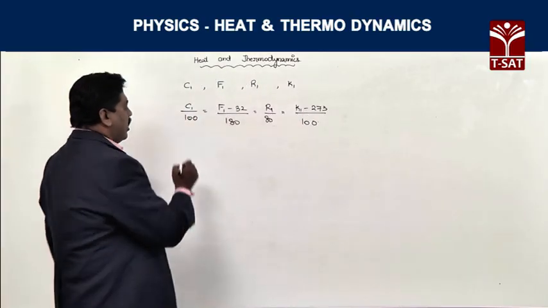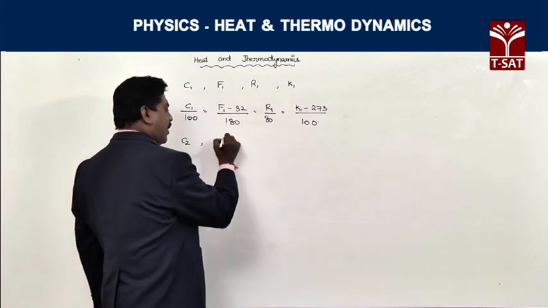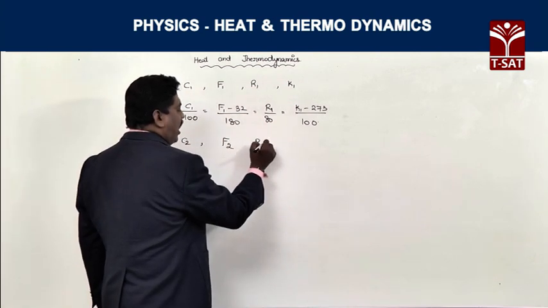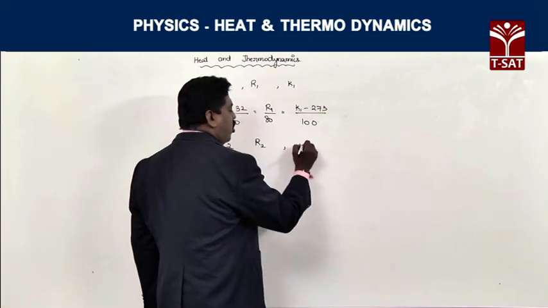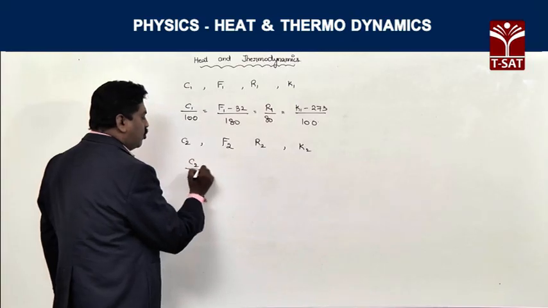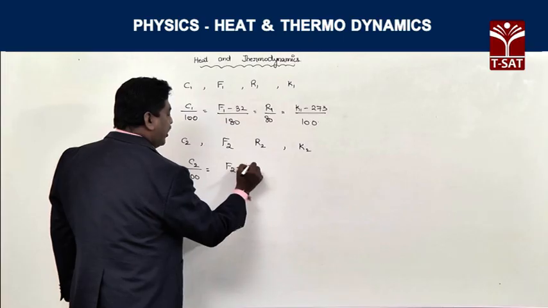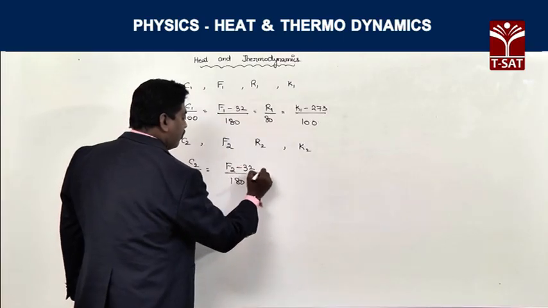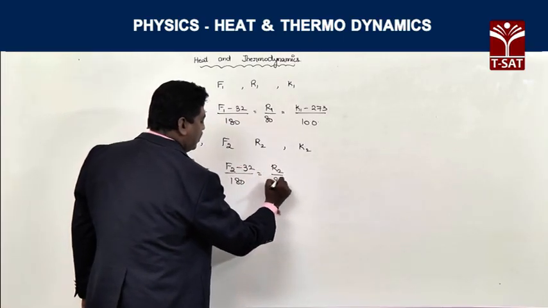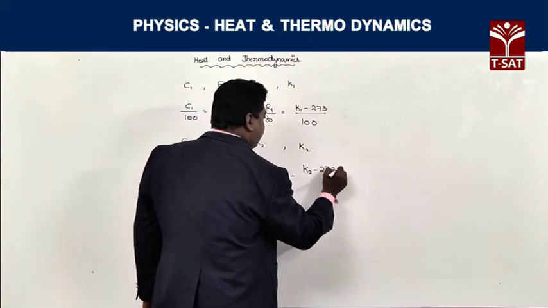In the same manner, we have C2, F2, R2 and K2, and we can write C2 by 100 equals F2 minus 32 by 180 equals R2 by 80 equals K2 minus 273 by 100.